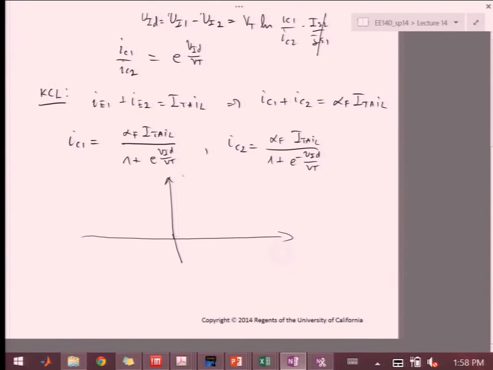So if we do IC1 and 2, and then we'll do the VID. The top will be alpha F times I tail. And this will be .5 times that.